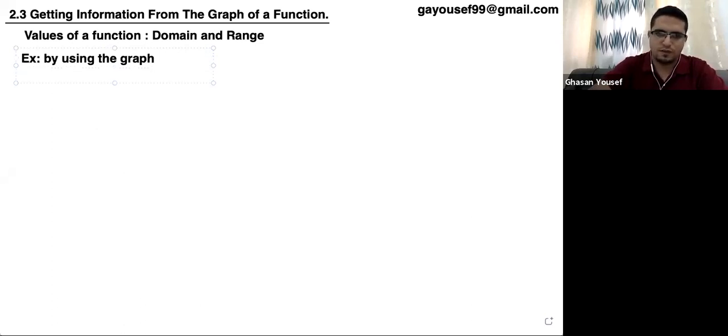Number one, find f of 1 and f of 2, f of 3 and f of 5.